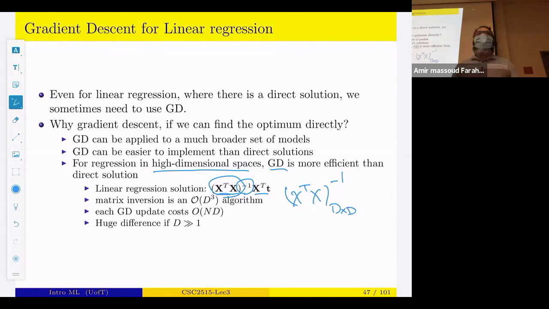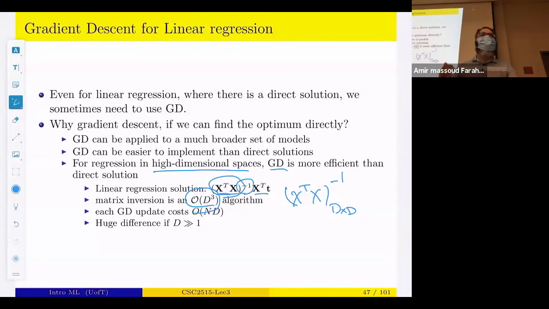D cubed is the cheating solution, and that's the standard. Many numerical methods or optimization packages have that cost, but that's not the best computational cost we have. The best, I'm not sure of the exact value, but finding the best is an open question in computer science.